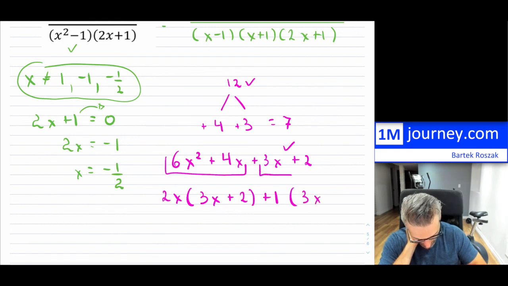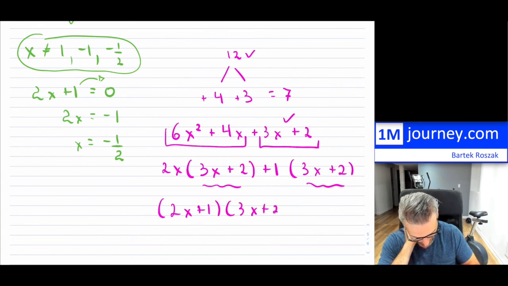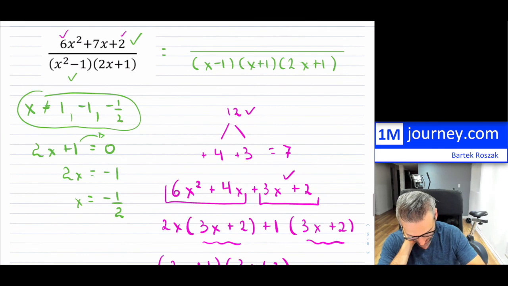Okay, so that's grouping these, because we want these to be in common. It's going to be our common factor. We're going to take out, and that's what we have on top here. It's going to be 2x plus 1, 3x plus 2. So does anything cancel?